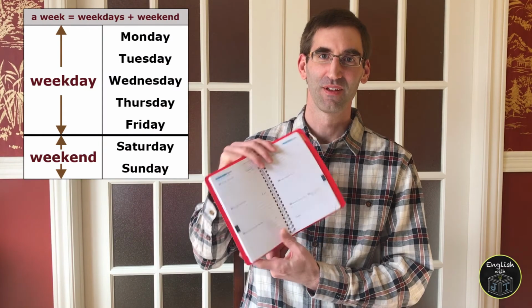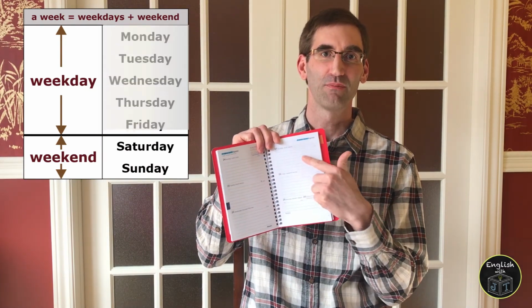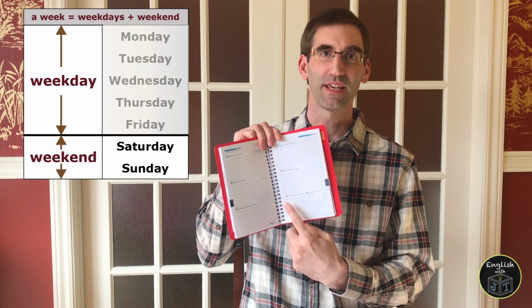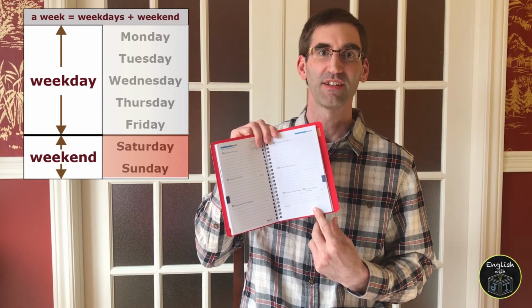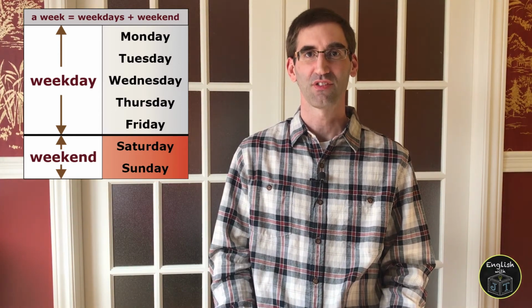Then there are business planners. Notice that the weekdays, Monday to Friday, have more space than the weekends, Saturday and Sunday. Of course, this is most practical for the standard 9 to 5 working day. It's not so practical for the people working non-standard hours.